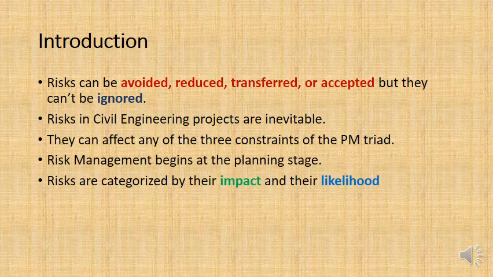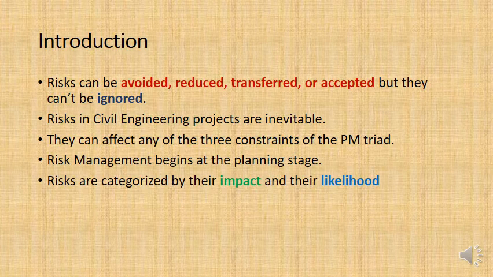So the 3 constraints of the project management triad can be affected if a risk eventuates. Now, risks are completely inevitable in civil engineering. For any project, there are risks. If there were no risks, then there wouldn't really be any profit or benefit in carrying out the civil engineering project. Risk is just part of life.